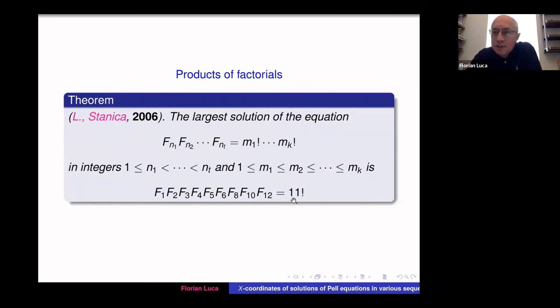You have to make some choices about equal cases, because if you allow equality both on the left and on the right, then there is nothing stopping you from taking the solution, squaring it, and getting another solution. So you have to allow inequality somewhere. We don't allow equality on the left. We do allow equality on the right. And this one is the largest solution.